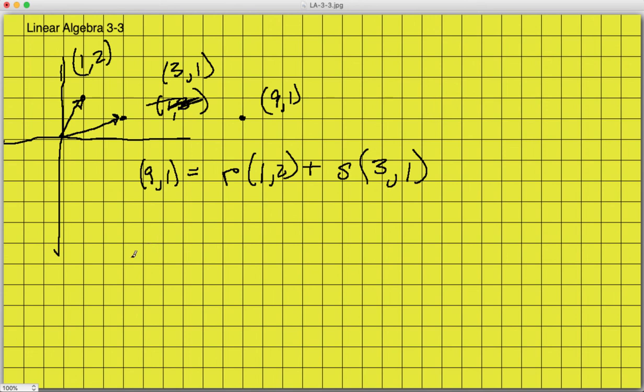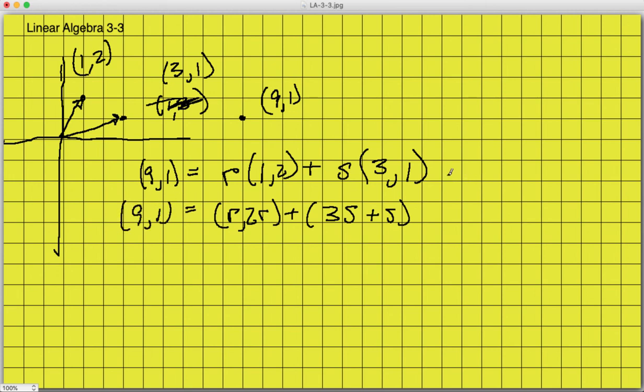Okay, and what I'm going to do here is multiply these. So over here, I get R, 2R, plus 3S, 1S, is equal to 9, 1.